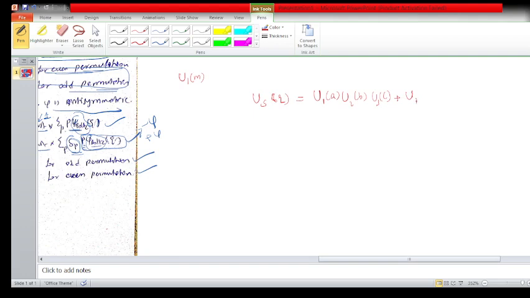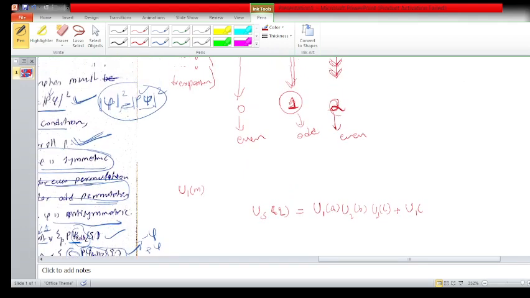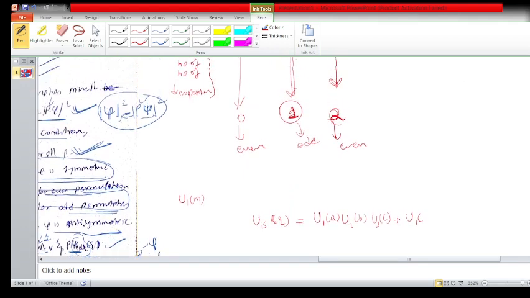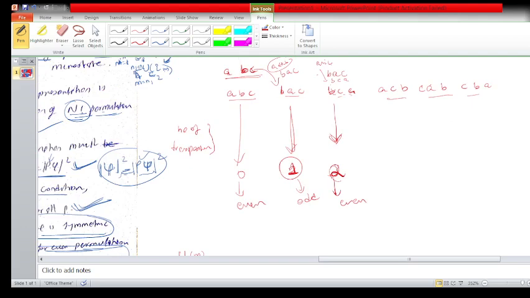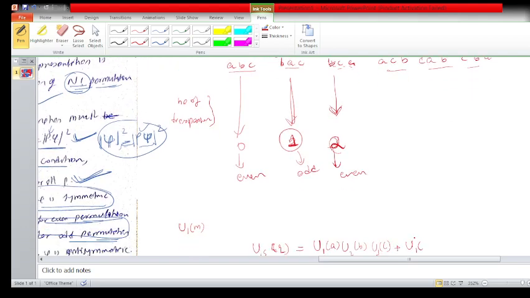The second one is u1 of B, u2 of A, u3 of C, right? BAC.